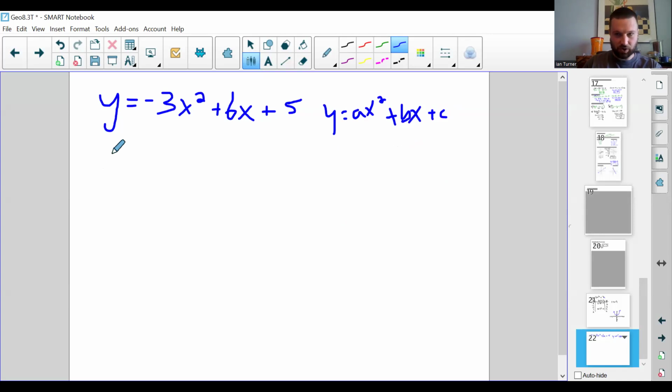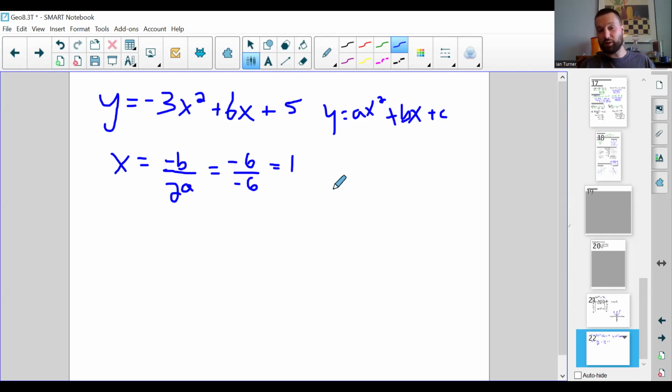So we're going to say x equals -b over 2a, because we're finding our x coordinate here. In this case, we get -6, because we take our b, change the sign, over 2 times -3, which also gives us -6. So that means our x value here is 1.